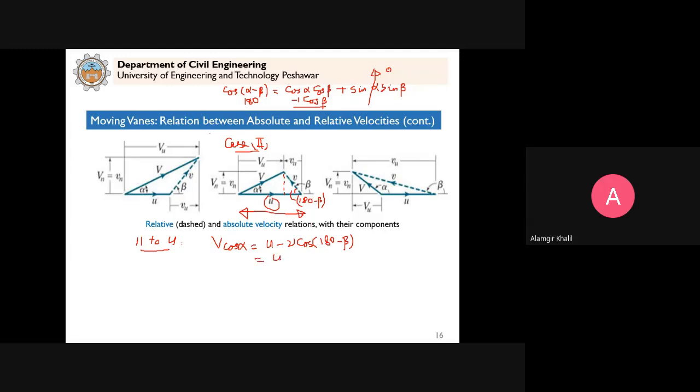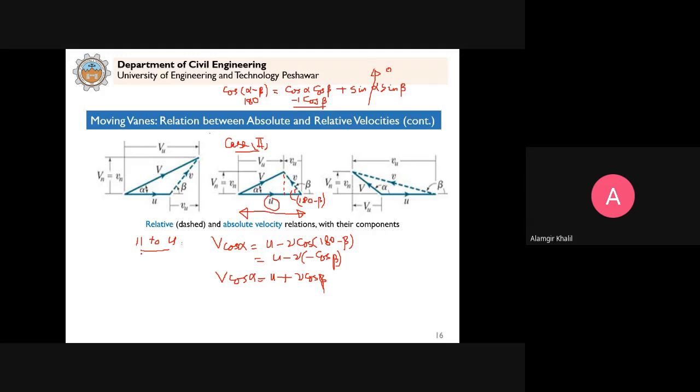So this will be equal to u into minus small v into minus cos of beta. Minus into minus is plus, so what we get is v cos of alpha equal to u plus small v cos of beta.